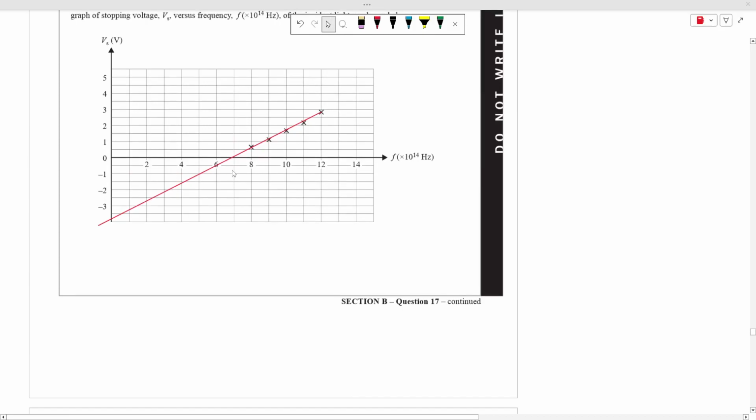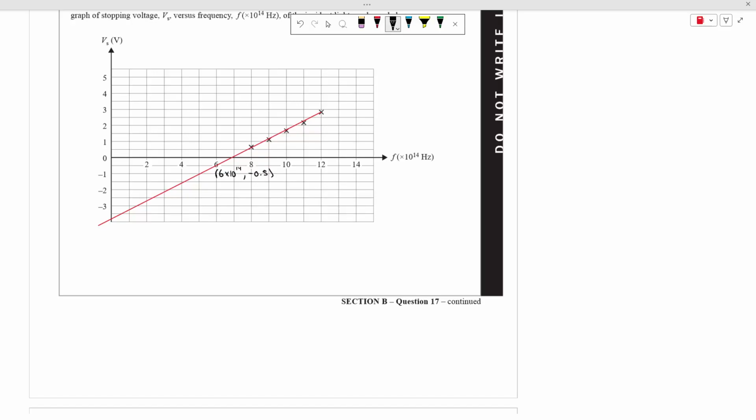Now we just have to pick some points that we believe to be on the line. So that looks like a nice point there. We'll just describe that point. So that is 6 times 10 to the 14, comma negative 0.5.